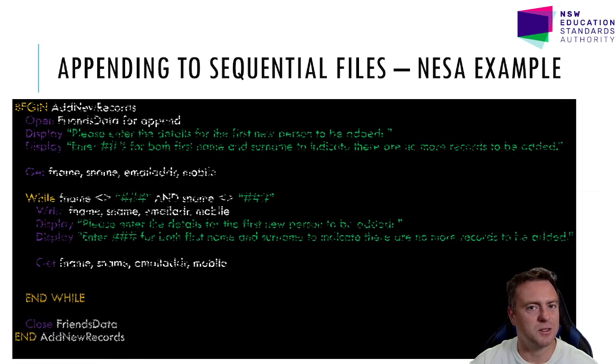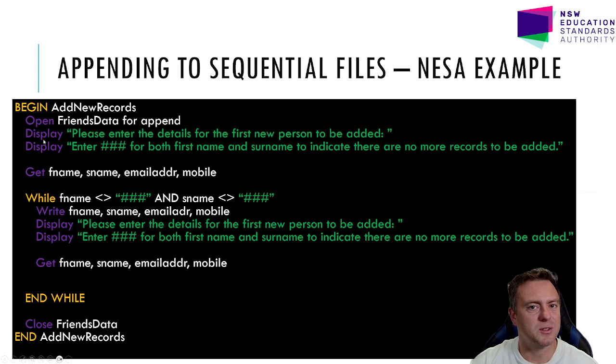So then you can also append. So this is writing to a file. The way that works is you open friends data for append, display, please enter the details of the new person to be added, enter hash hash hash for the first and last surname to indicate there's no more records to be added. You then get the fname, sname, email address, and the mobile, so it gets the first value.